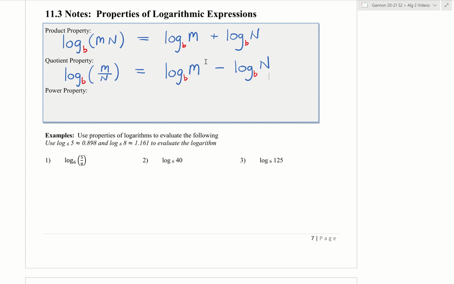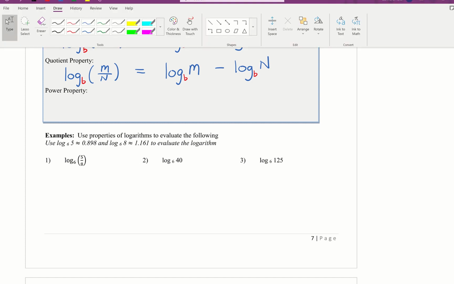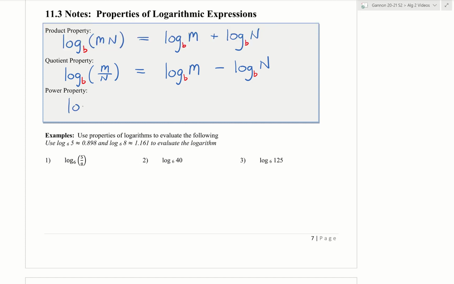And the last one is what's called the power property. And that says log of some value to a power is equal to the power times log of the value. Okay, so log of m to the power p is p times log of m.